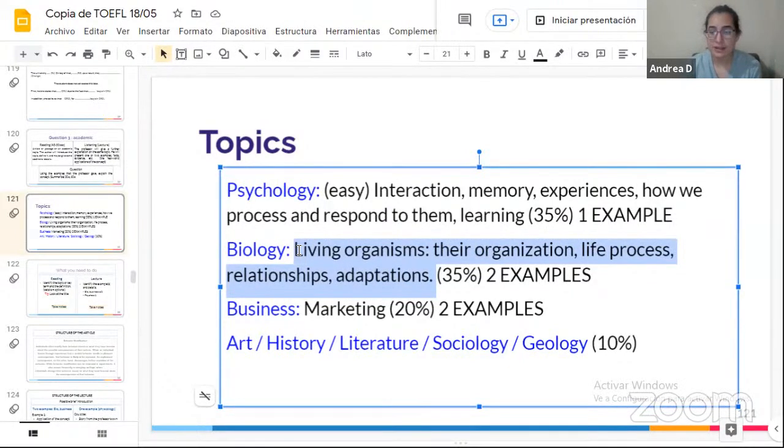If it's biology, it's usually, believe me, about animals or plants. I haven't seen a biology topic on humans, but it's basically about how they organize, how their life processes are, how they relate with one another, how they adapt.